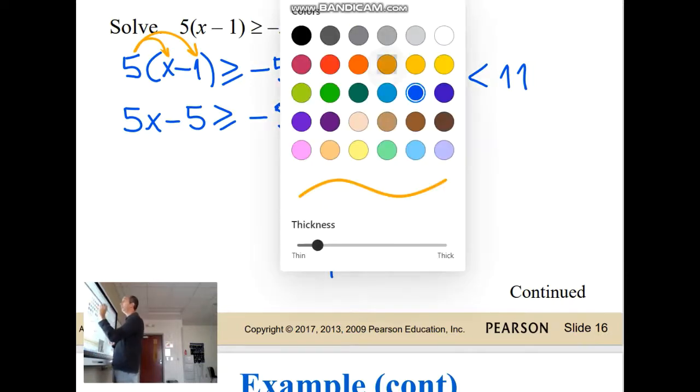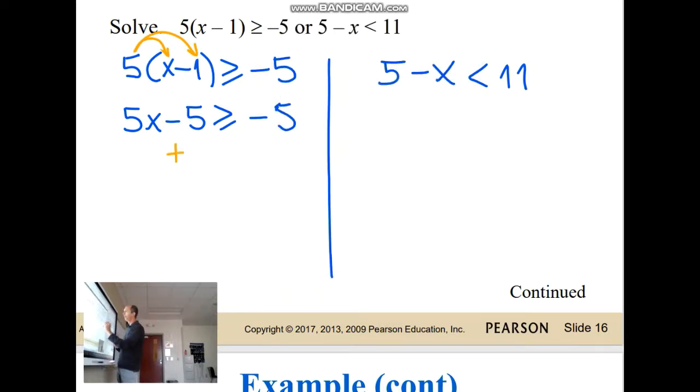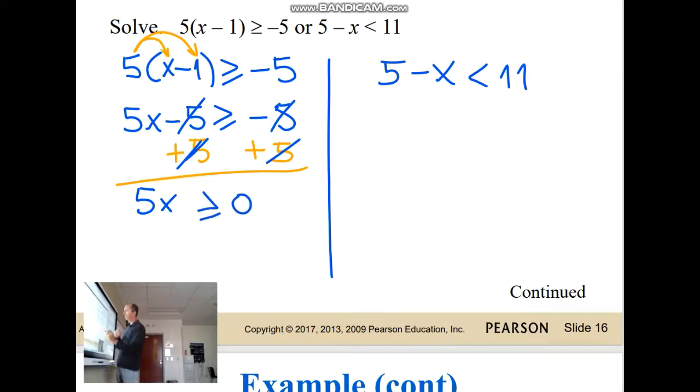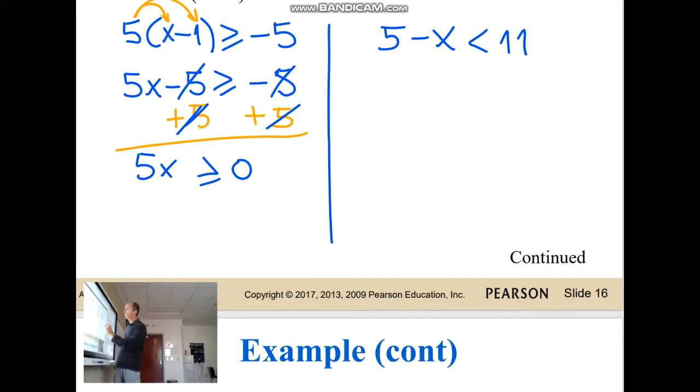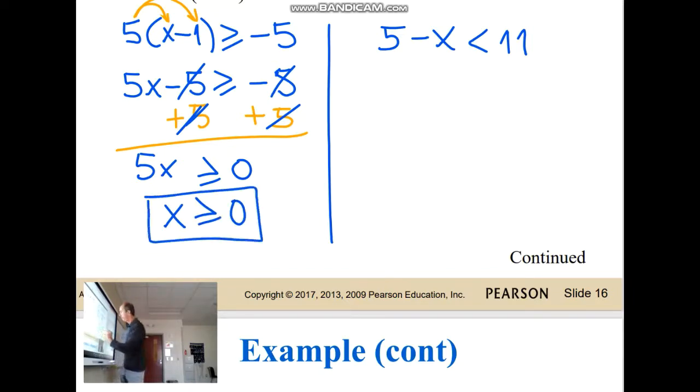You can apply now addition property, add 5 on both sides, and then we will have 5x greater or equal to 0. If you divide both sides by 5, since here on the right hand side you have 0, you end up having x greater or equal than 0, right?